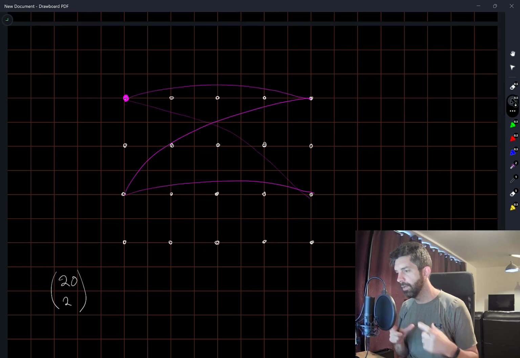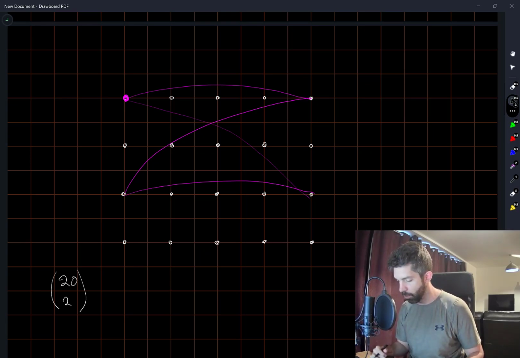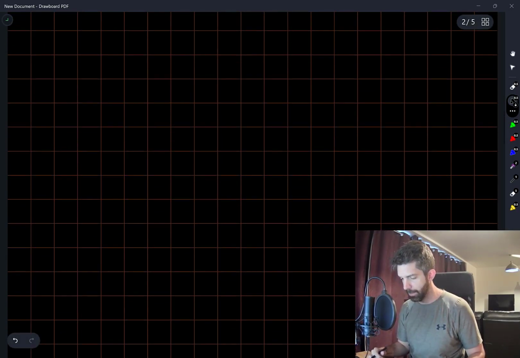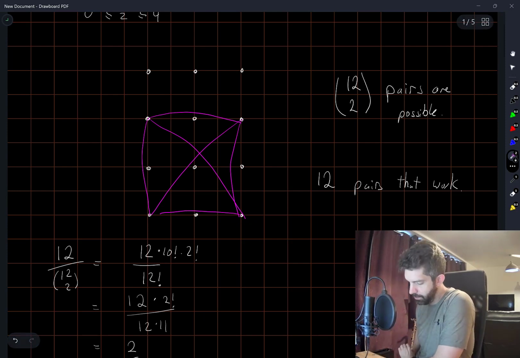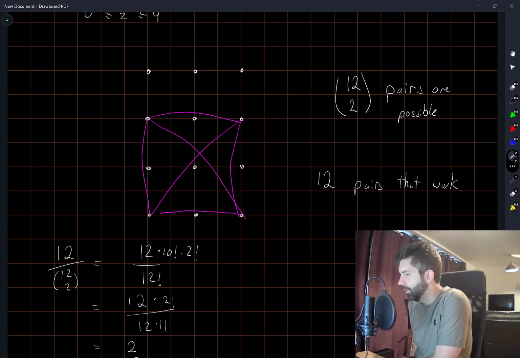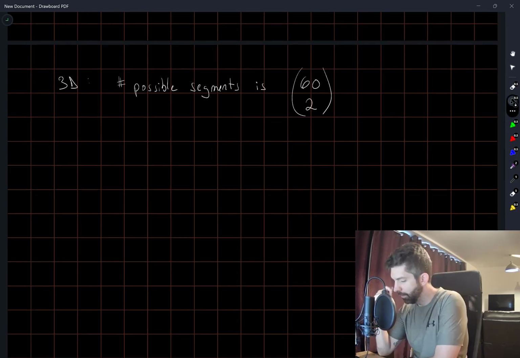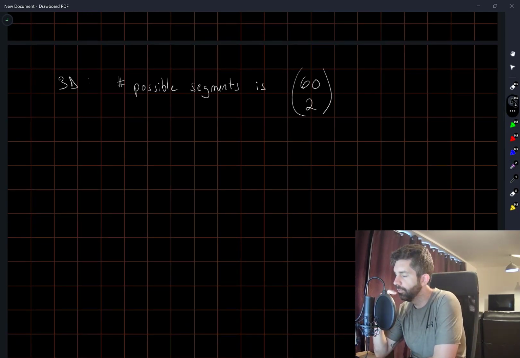And then ask myself how many translations of that figure will also work, and then do the same thing for the 4 norm. Okay, it might be hard to draw a picture for this. And I guess if I think of this as being the origin here, I do have other points that I've drawn. So I don't want to double count, and I don't want to undercount when I do this. So what is a good way? So the number of possible segments is 60 choose 2.